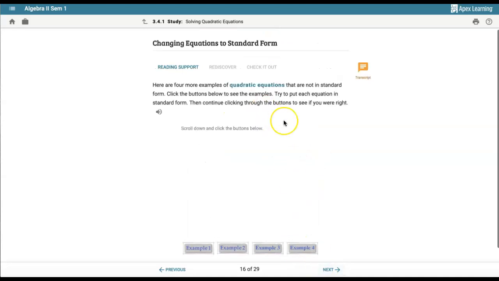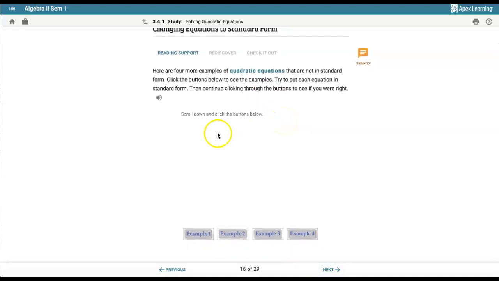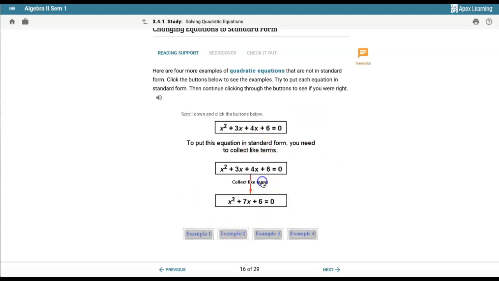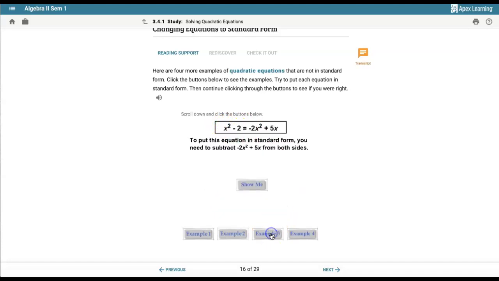So here are 4 more examples of quadratic equations that are not in standard form. If we go here, this is that first example, I believe. All you're going to do is subtract 5 from both sides, combine those like terms, and you're going to get standard form. This one's easy. You just combine like terms, and now we have it in that ax squared plus bx plus c form.